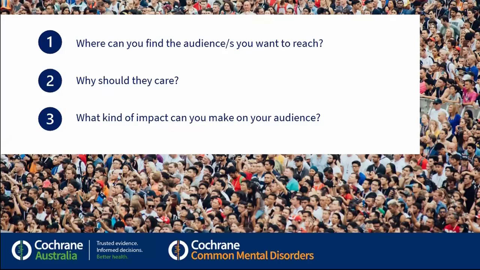Also, when trying to decide who your audience is going to be, think about the kind of impact that you can make on your audience. It's really important to think, are you actually going to make the desired impact on that audience? So I might initially find a review and think, oh, the immediate audience for this must be parents. I'm going to think about how we might disseminate this information to parents. But is it going to be the right kind of information to be targeting at parents?